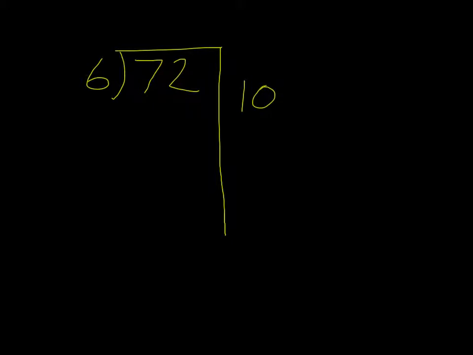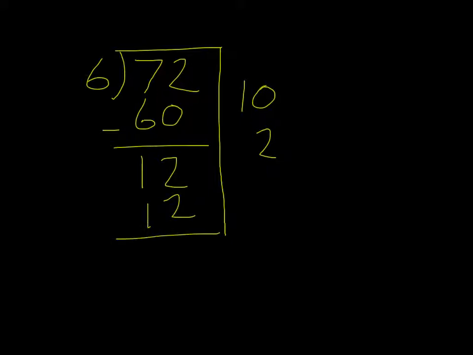I put a 0 over there, and I have 10. I can subtract, and I'm going to get 12. And 6 goes into 12 2 times. 2 times 6 is 12. I get 0 over here. I add this up, and I get an answer of 12.